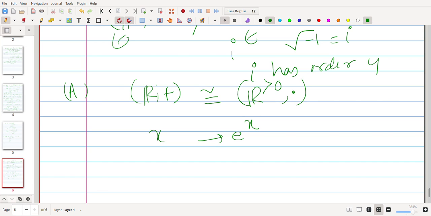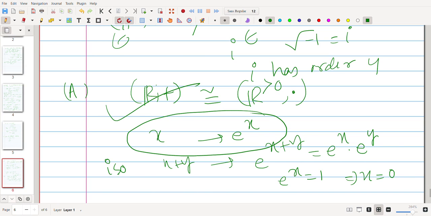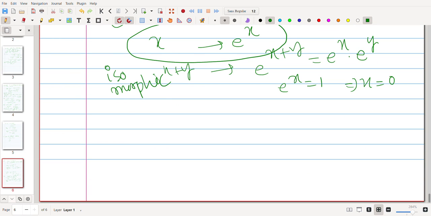So this is a surjective map, and it is a group homomorphism because e to the power x plus y is the same as e to the power x times e to the power y. Also the kernel is trivial, because e to the power x equal to 1 implies x equals 0. Hence x goes to e to the power x is the isomorphism. Hence they are isomorphic. That is true.